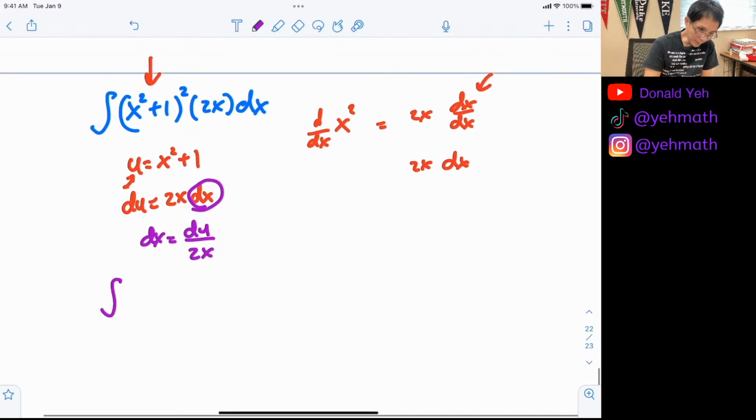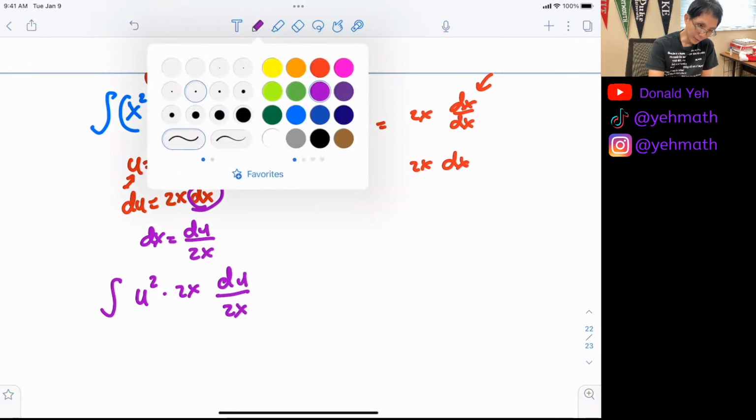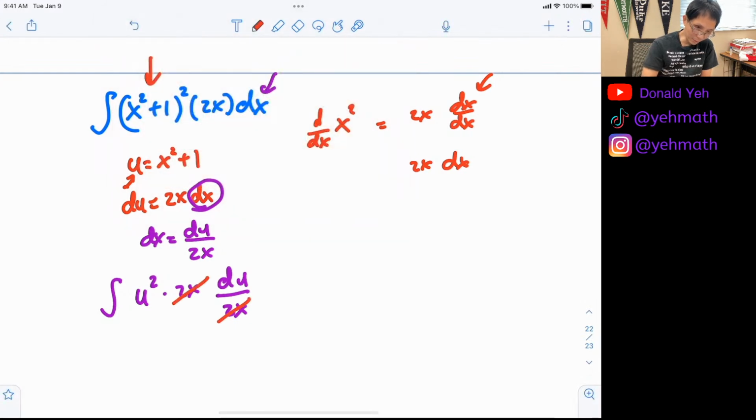So in this case, you have u squared, because x squared plus 1, times 2x, and remember, this dx needs to be changed in terms of du. Kind of important. A lot of people say that's overrated, but it's such an underrated thing. This dx, if you convert to du, is going to be du over 2x. Now you see this would cancel out.